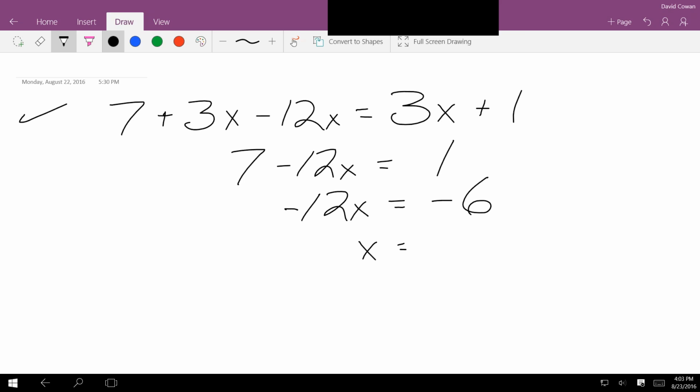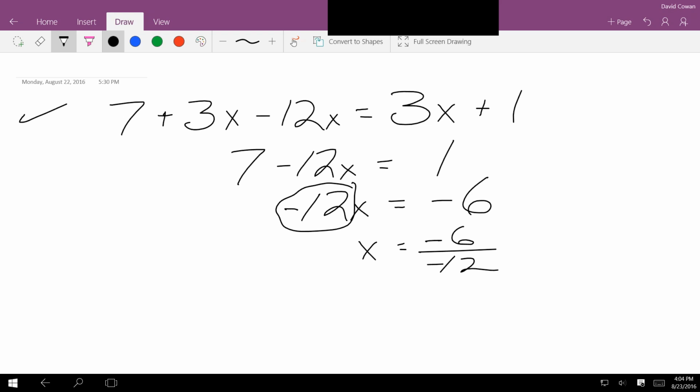When I did this, it came out as not a whole number, so I was wondering if it was not correct. No, this does not come out to be a whole number. What does it come out to be? We're going to divide both sides by minus 12. The last step is always to divide by that coefficient.